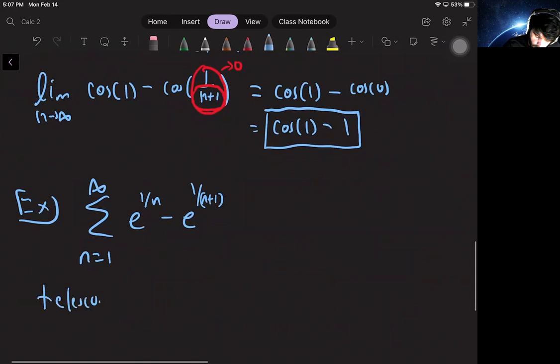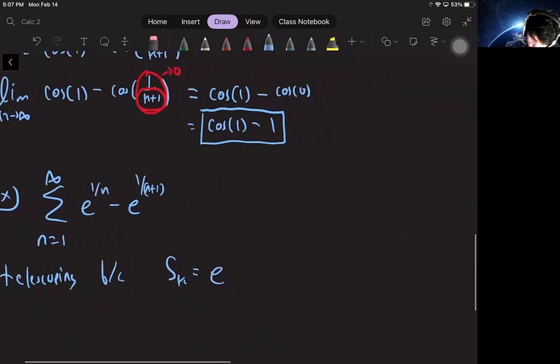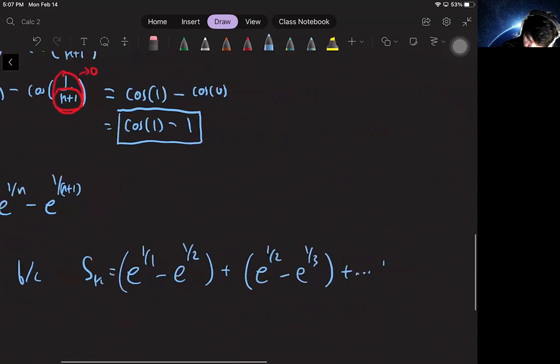It's telescoping again, because when you do the partial sum up to k, you notice that everything cancels in the middle. So e to the 1 over 1 minus e to the 1 over 2. That's your first term. Plug in 2, e to the 1 over 2 minus e to the 1 over 3. So on like that until you get to the kth term.